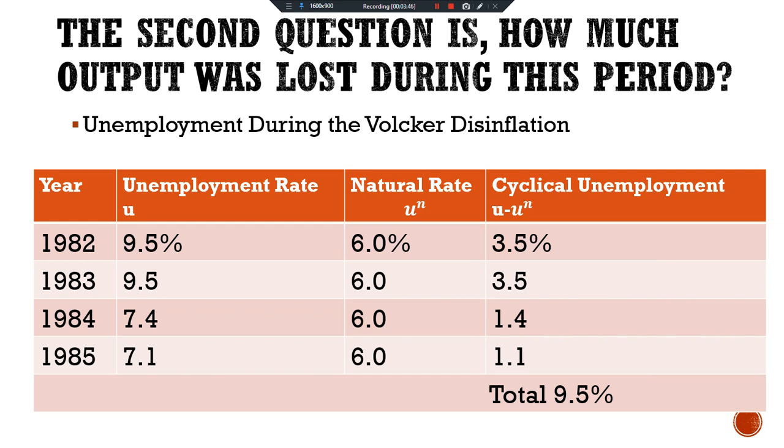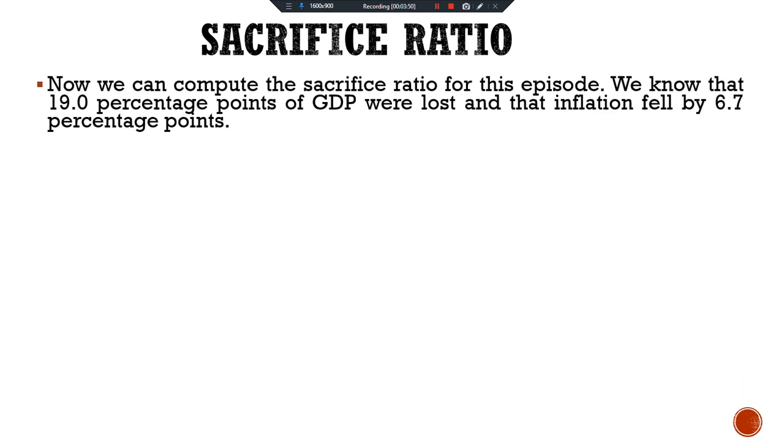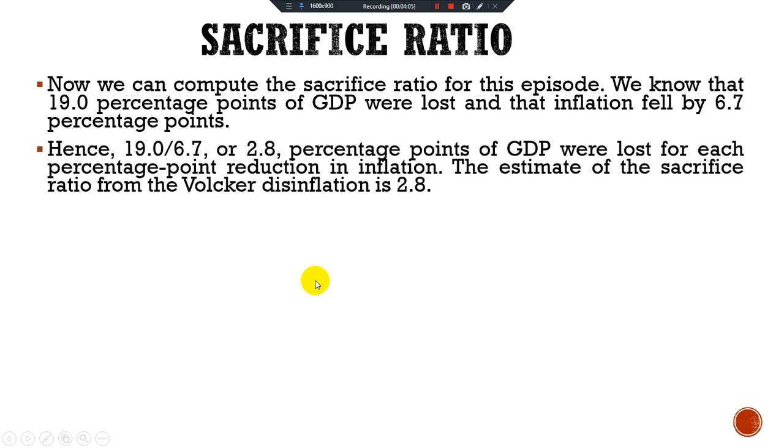So let's calculate the sacrifice ratio. Now we can compute the sacrifice ratio for this episode. We know that 19 percentage points of GDP were lost and that inflation fell by 6.7 percentage points. So 19 over 6.7, or we can say 2.8 percentage points of GDP were lost for each percentage point reduction in inflation.